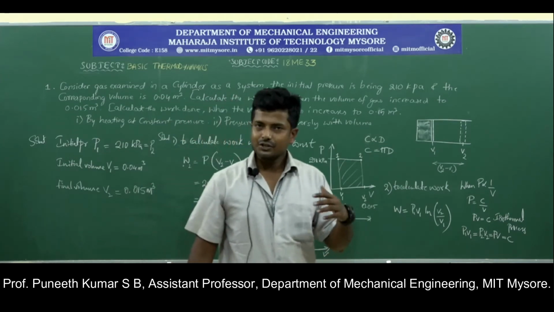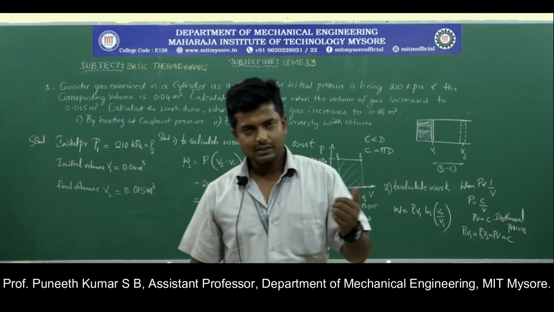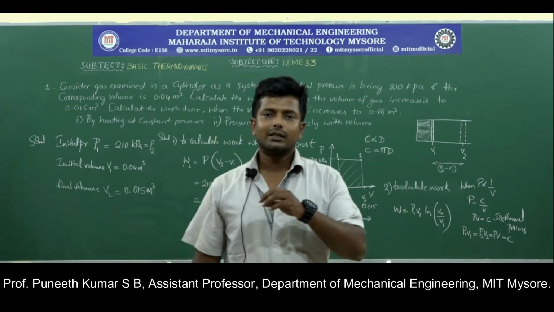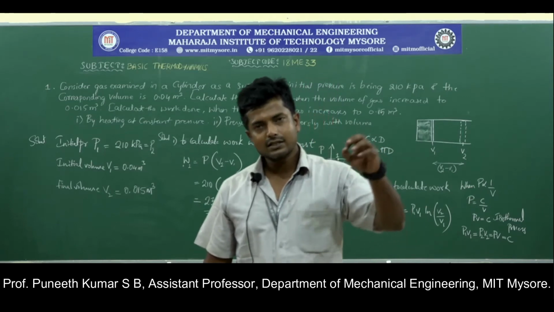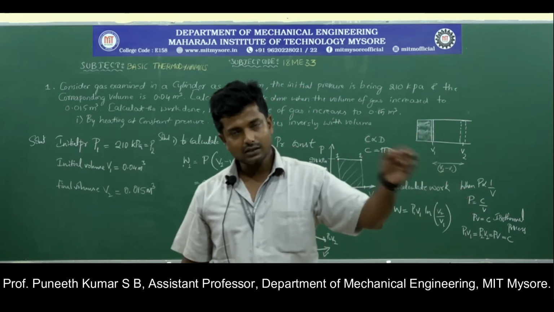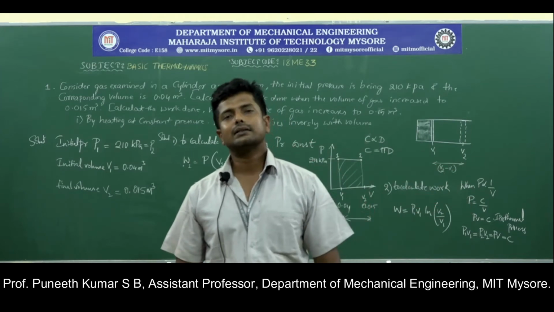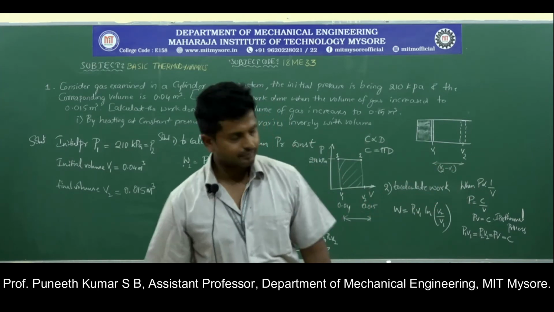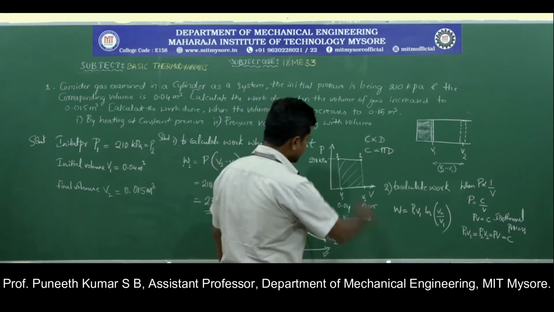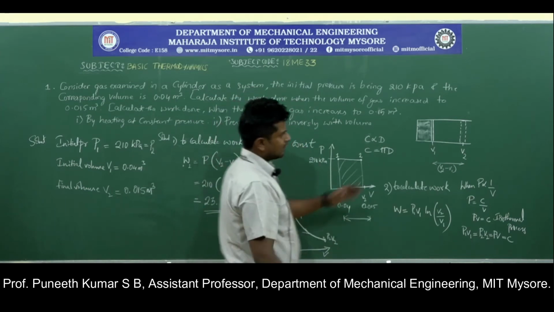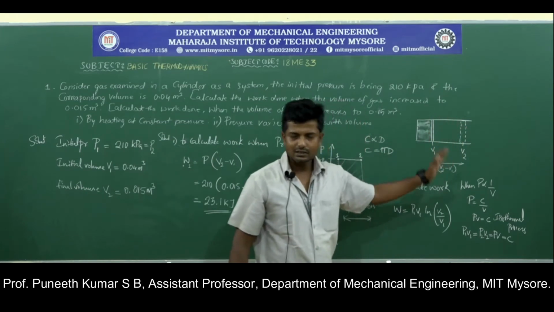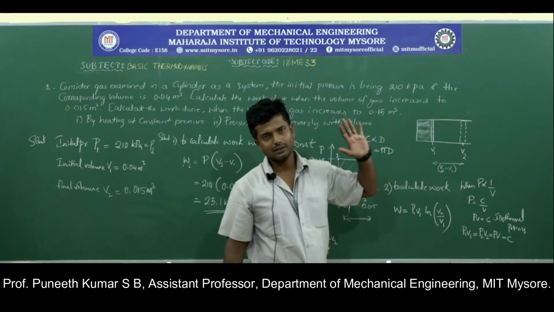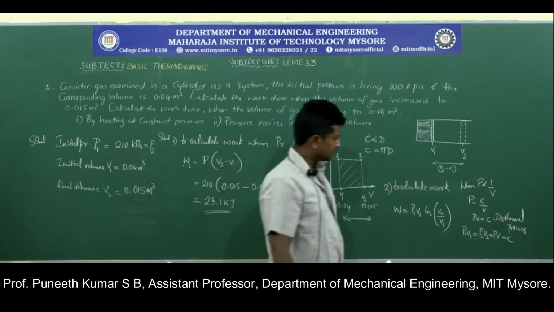According to the sign convention which we have already discussed in the previous class, if the work is done by the system, it is considered positive. If the work is done on the system, then the work is considered negative. So here, since the gases are undergoing expansion, in both cases it is positive work done itself.